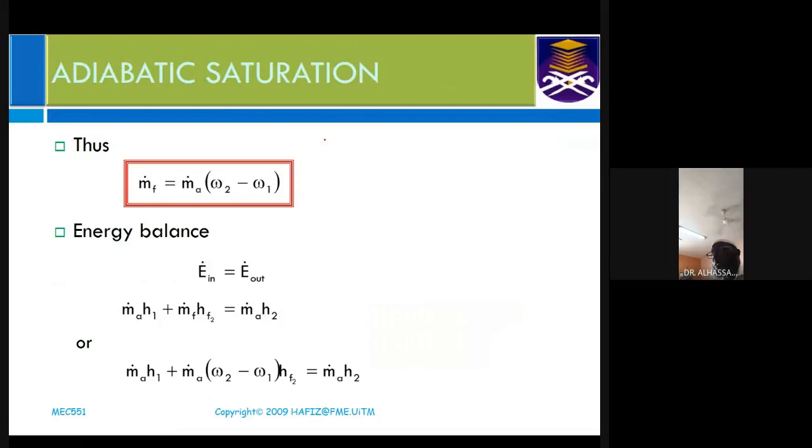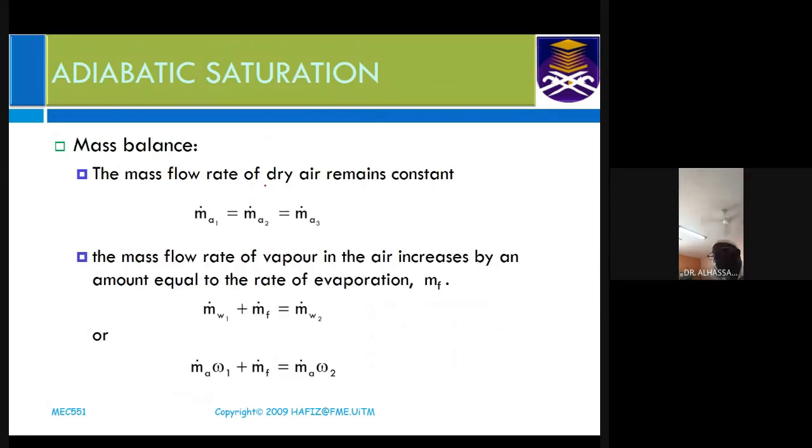Yes, over here, MF equals mass flow rate of dry air times (omega 2 minus omega 3, minus omega 1). So I hope you understand how this equation came about.